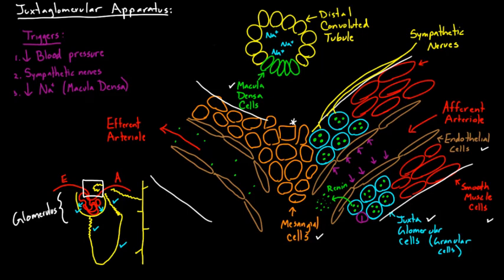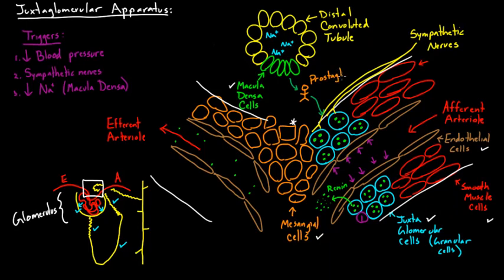And so what they decide to do is, let me find a new color here, maybe something like this, they send a little messenger. I'll do my messenger in orange, to go over to the juxtaglomerular cells. And that messenger is a little molecule called prostaglandin.